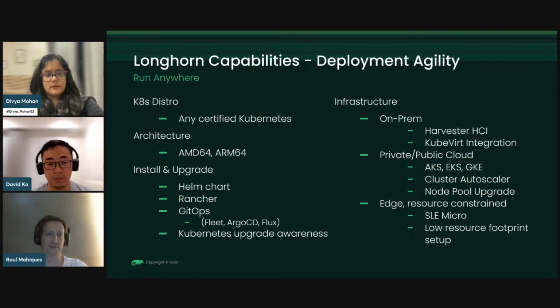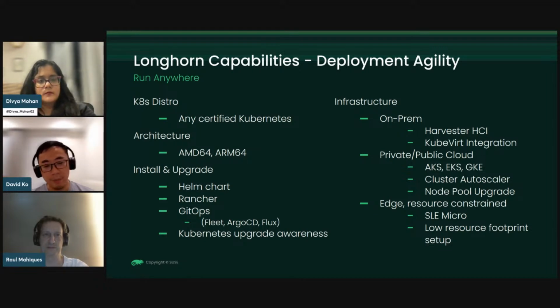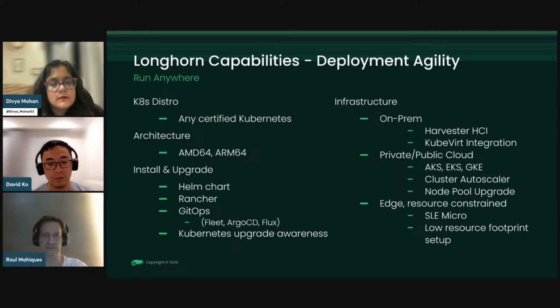But the most important thing I want to mention is that Longhorn is Kubernetes upgrade aware. What does that mean? It means Longhorn has a specific node drain policy with different options that users can choose from. For example, when you are rolling upgrades and a node is going to be drained, there is a mode to block if it leaves less healthy replicas, so you will not be allowed to drain the node until the replica can be rebuilt on another node, keeping more than one healthy replica.